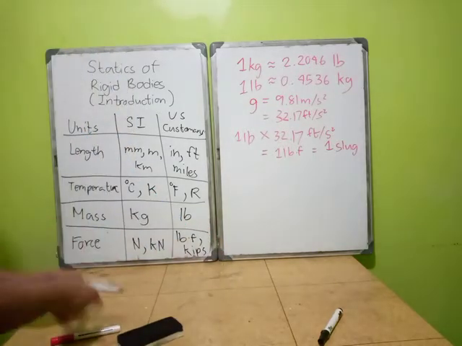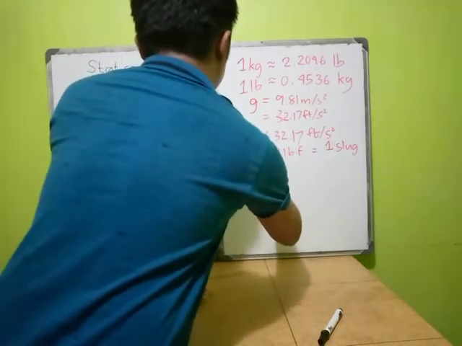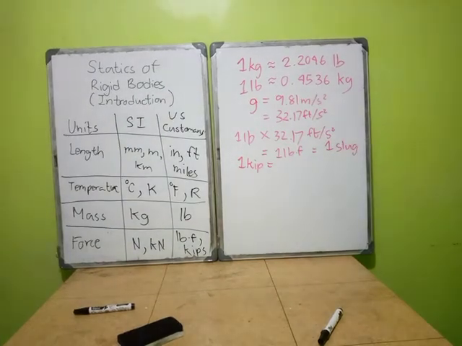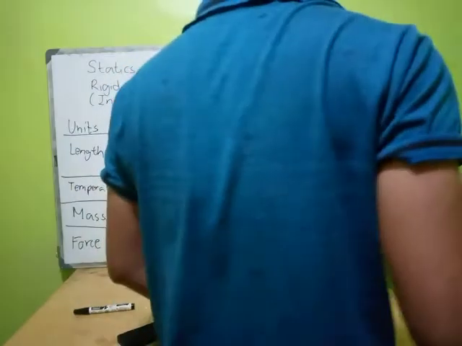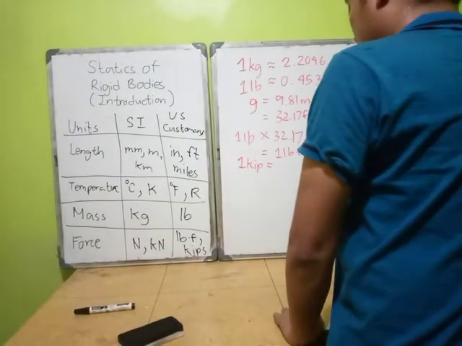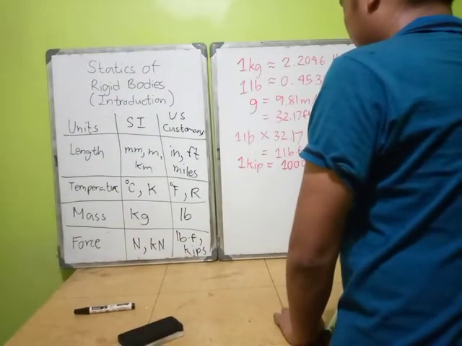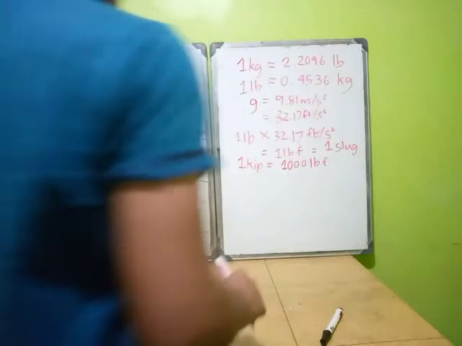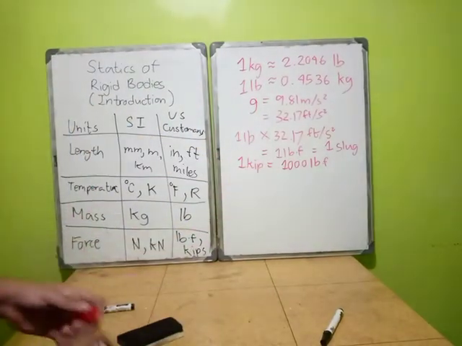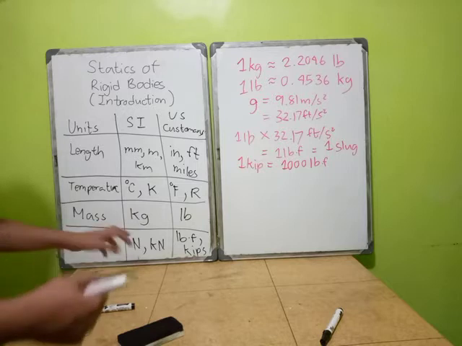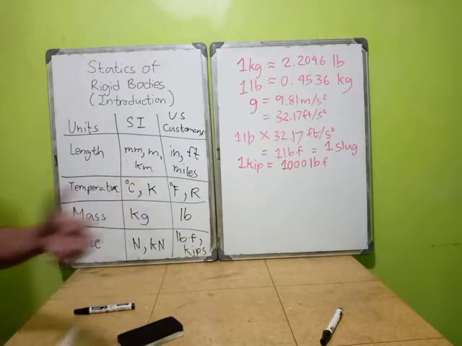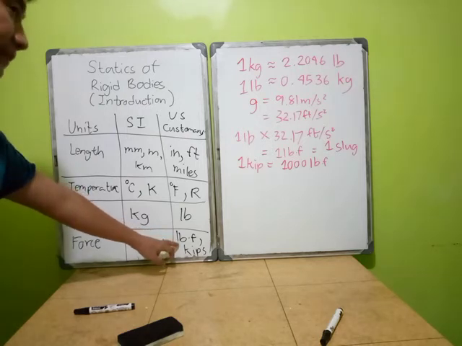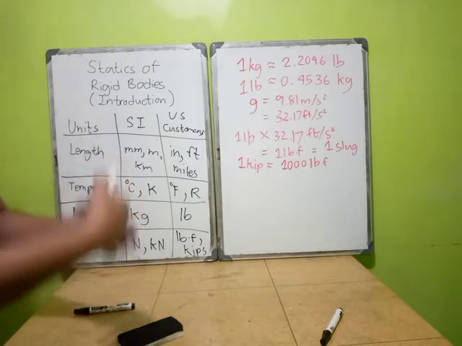Okay? So, yung isang kip, equivalent yan sa 1,000 libra of force. Okay? But somehow, sa libro minsan, sa mga tanong dito sa statics book, minsan sinabi na force is 1,000 libra.